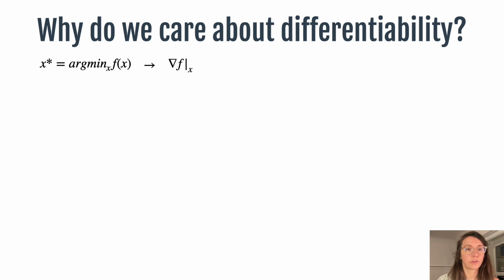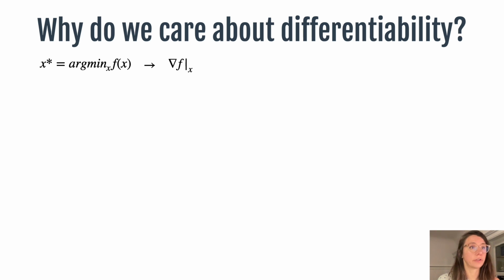Okay, so you may wonder, why do we even care about differentiability of a simulator? Consider for now this problem of optimizing this particular objective function with respect to some parameter x. If this function is fully differentiable, we can use powerful gradient-based optimization techniques to find local optima.